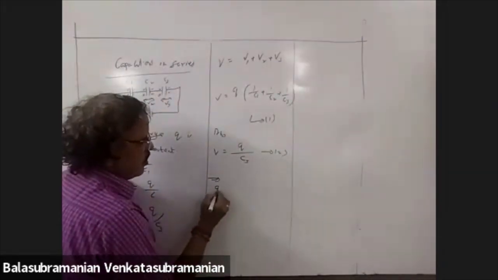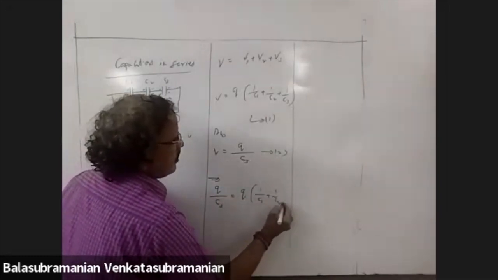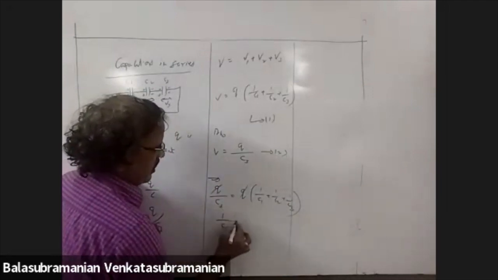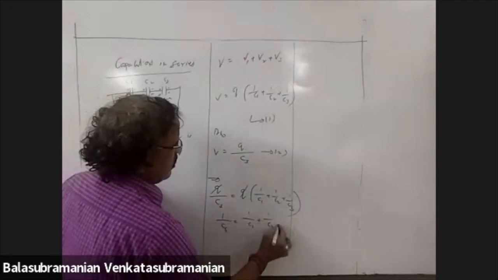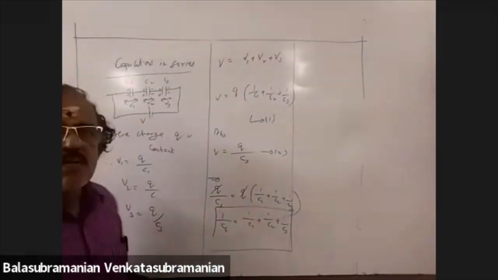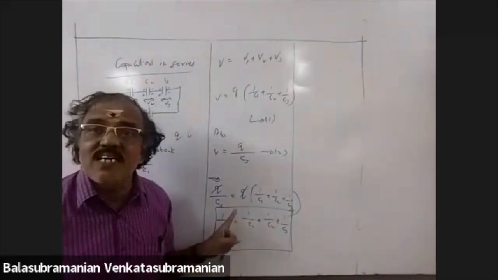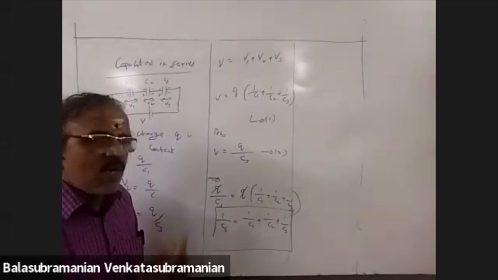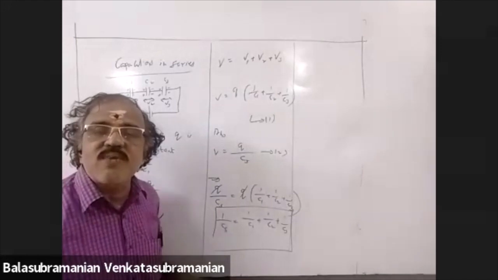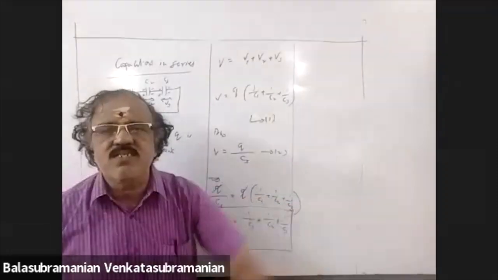Compare: Q by Cs is equal to Q into 1 by C1 plus 1 by C2 plus 1 by C3. Q cancels. 1 by Cs is 1 by C1 plus 1 by C2 plus 1 by C3. For capacitors connected in series, the reciprocal of the resultant capacitance is the sum of the reciprocals of the individual capacitances.